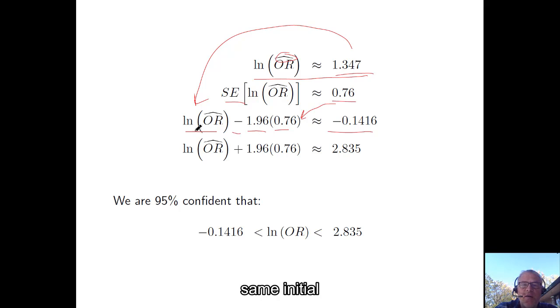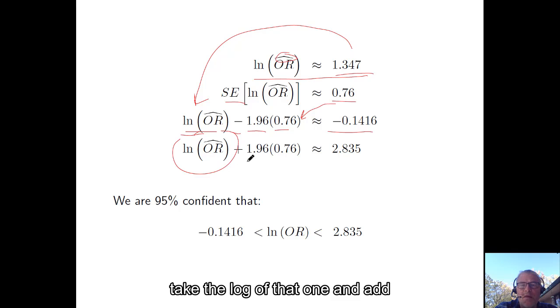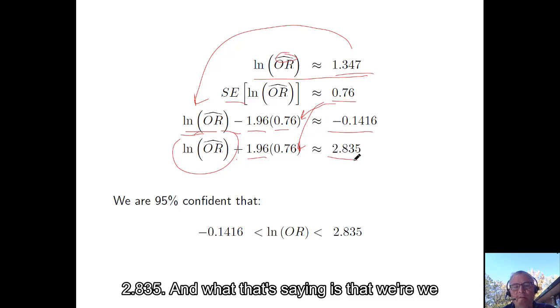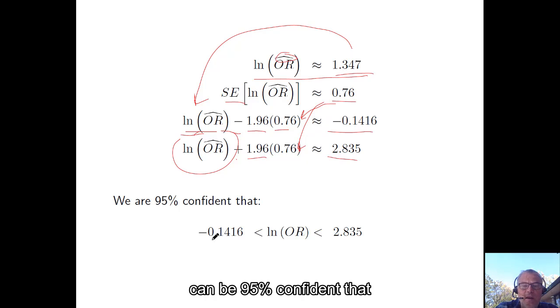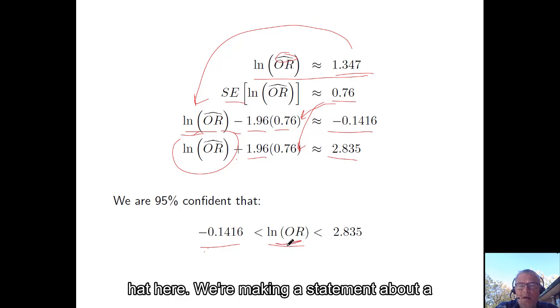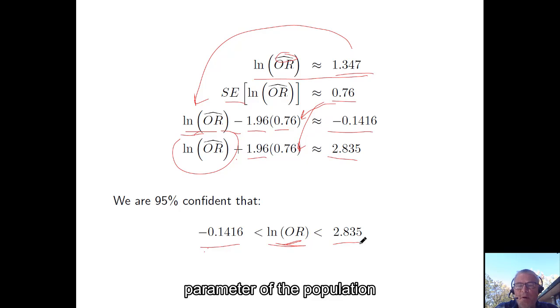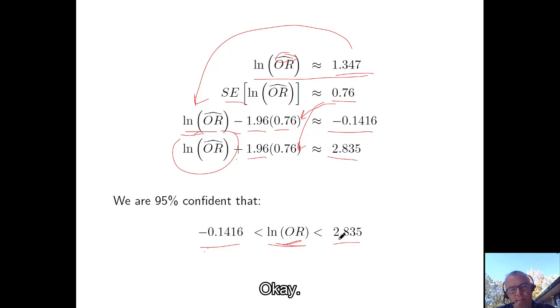And if we take that same point estimate, take the log of that and add 1.96 times the same standard error, then we get 2.835. And what that's saying is that we can be 95% confident that the true log of the odds ratio, so there's no hat here, we're making a statement about a parameter of the population, is between negative 0.1416 and positive 2.834. Okay?